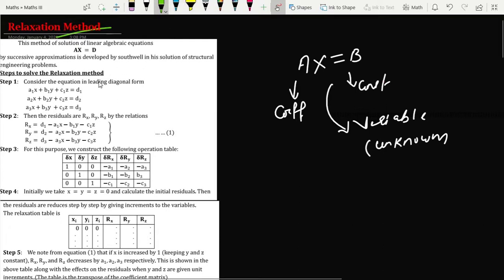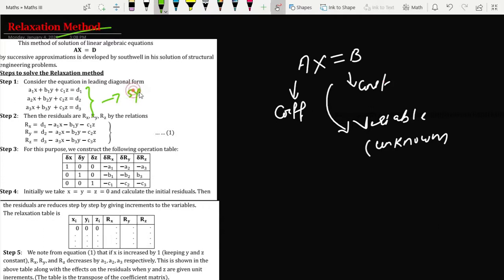Consider the equations in leading diagonal form: a1x + b1y + c1z = d1, a2x + b2y + c2z = d2, and a3x + b3y + c3z = d3. This is the system of simultaneous equations.